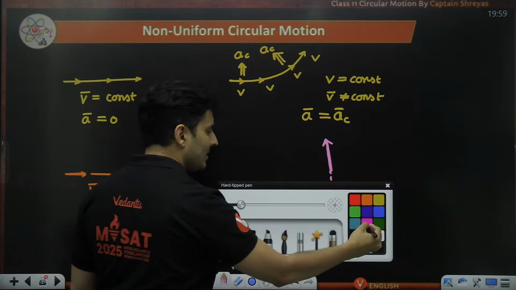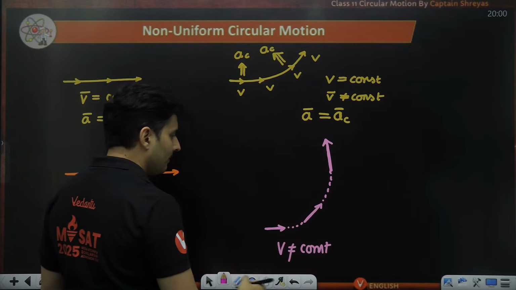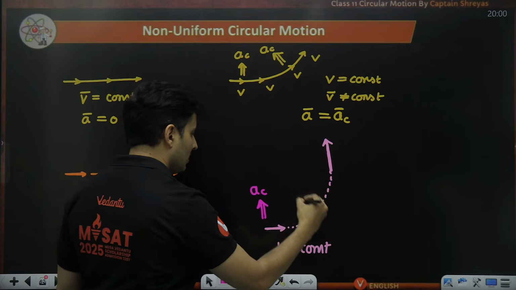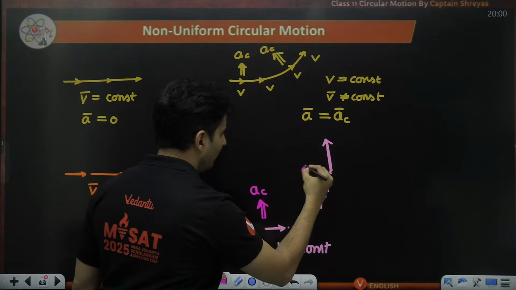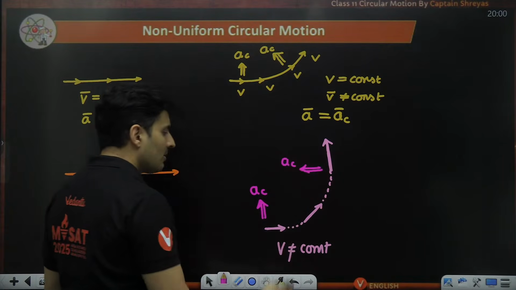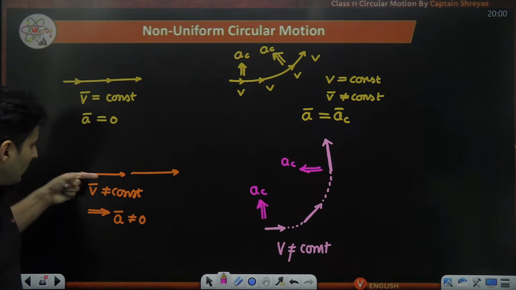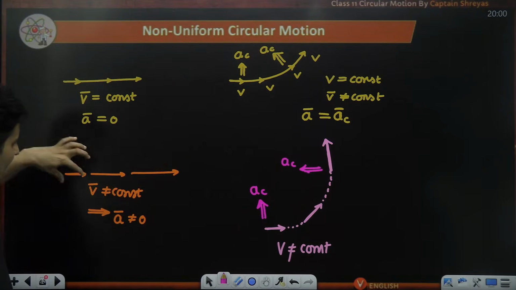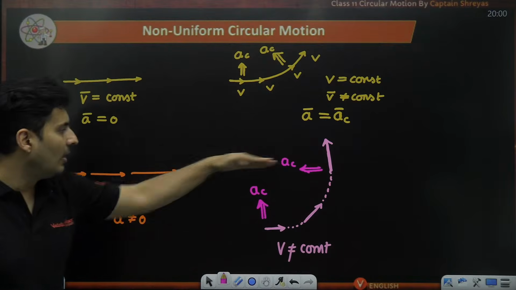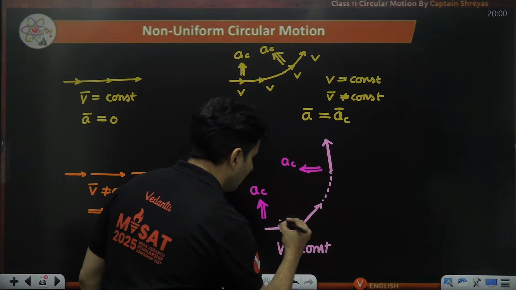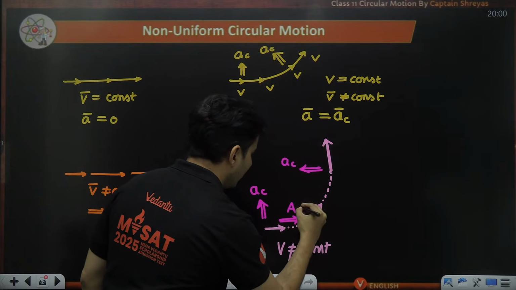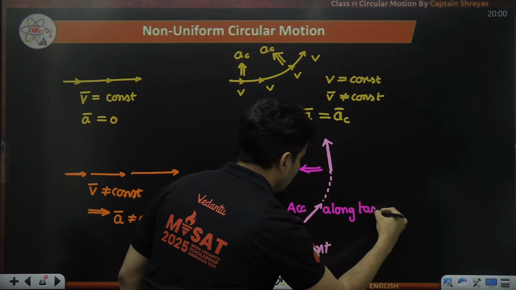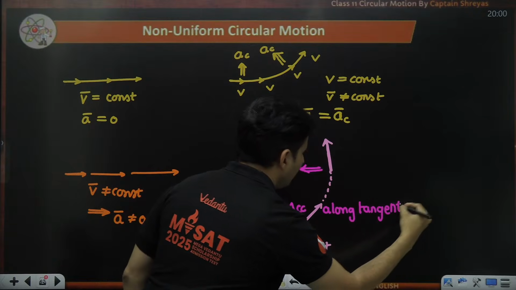Then obviously you will have your centripetal acceleration, no doubt, but because your speed is changing, there will be another acceleration along the tangent of the path drawn.